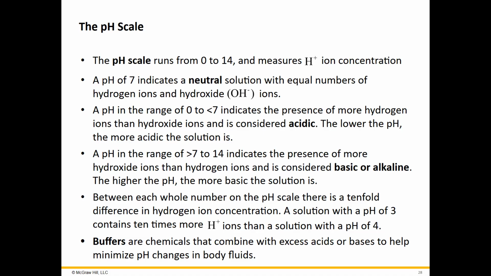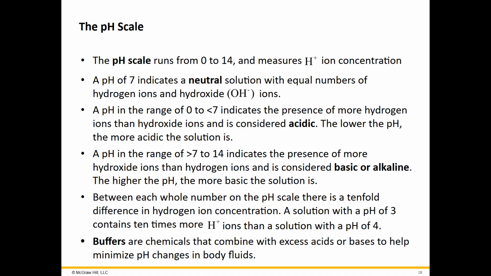The action of a buffer is an example of a homeostatic mechanism. It achieves a homeostasis, which in blood is about 7.4, but those buffers make sure that our blood never becomes too acidic, never becomes too basic. It is therefore a homeostatic mechanism.